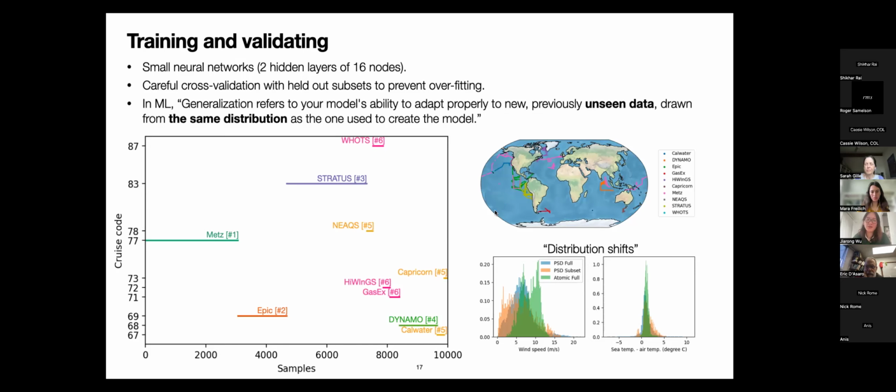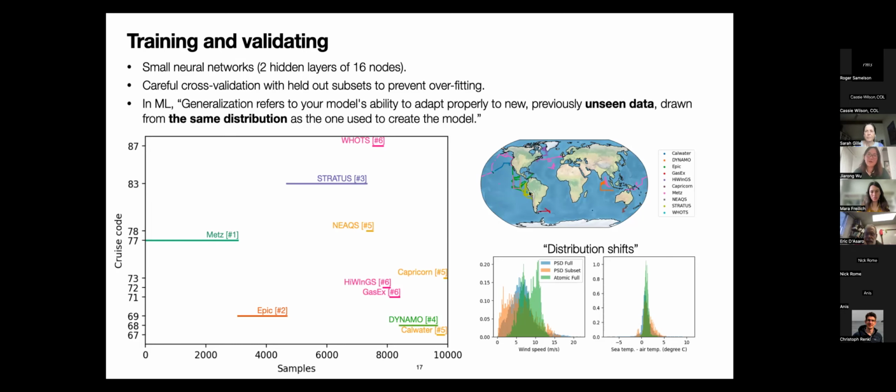Like if you're in the tropics or in a higher latitude, if you're in a low wind region or a higher wind area. It is basically which range you're sampling.